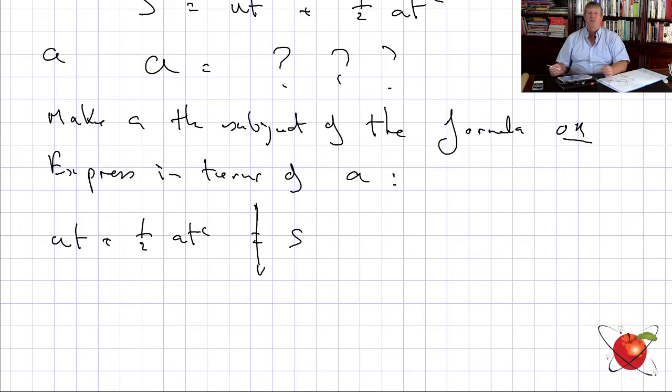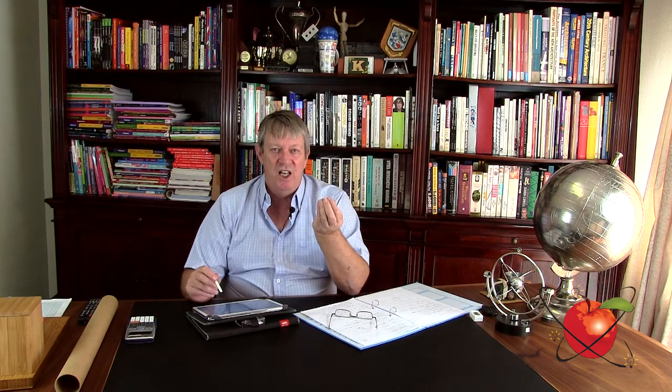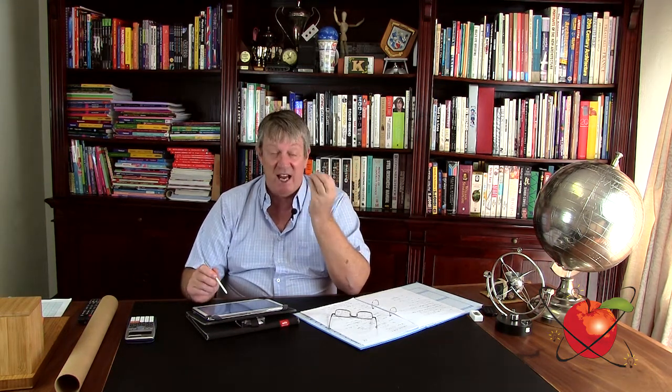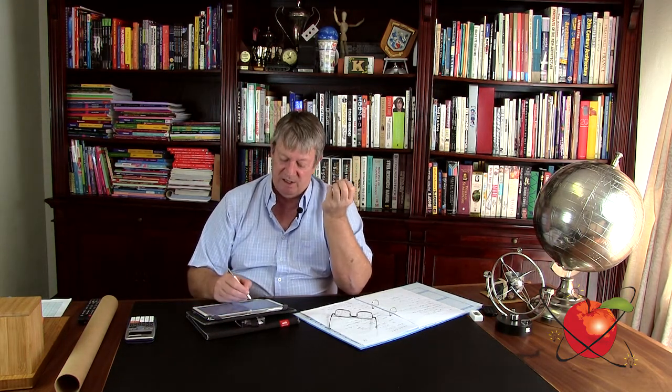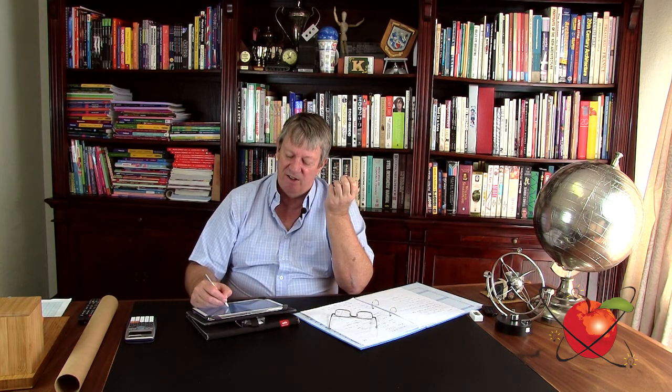I want a on this side. Now, the secret here is to pretend that everything else except a is a known number, right? So we look at it in terms of a being the unknown, okay?